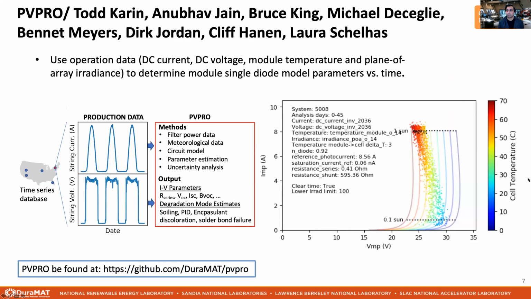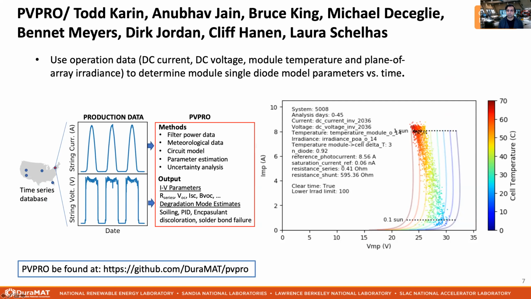Moving on to the operation and degradation analyses. One code that we're developing at LBL, led by Todd Karen, is called PVPro. And the idea there is to use operation data, things that you already have in PV installations. Ideally, these are things like irradiance, cell temperature or ambient temperature, and also voltage and current of your systems.